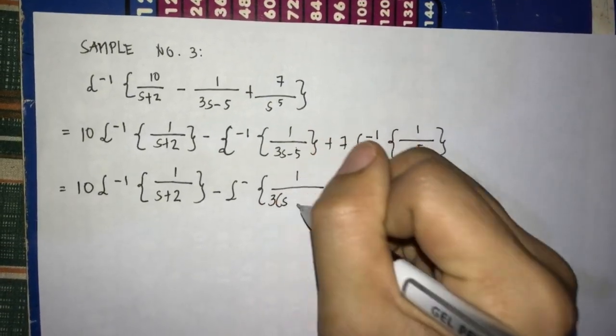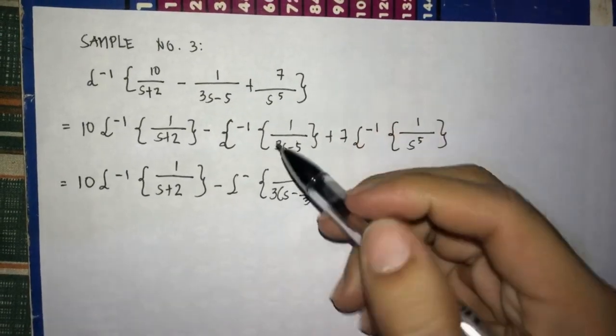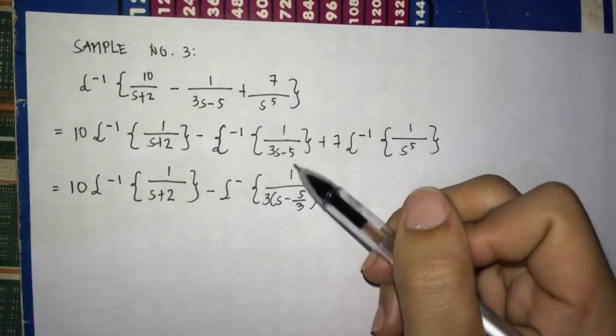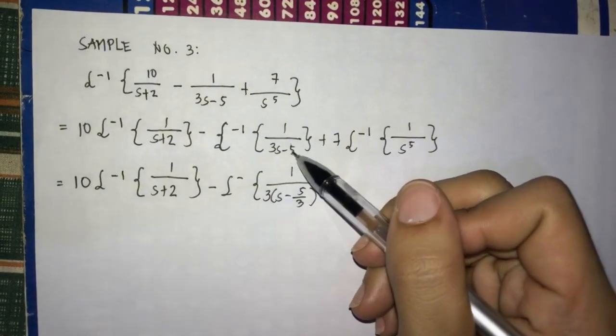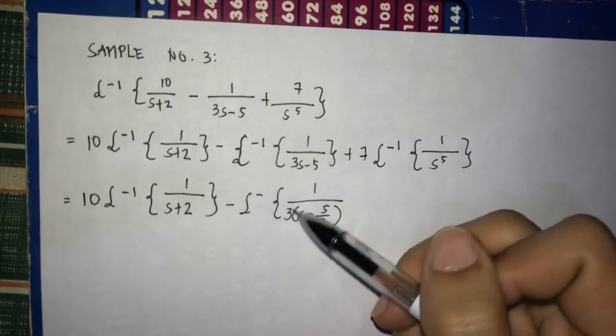So it becomes 1 over 3 times s minus 5 over 3. This is still the same if we multiply 3 by s minus 5.